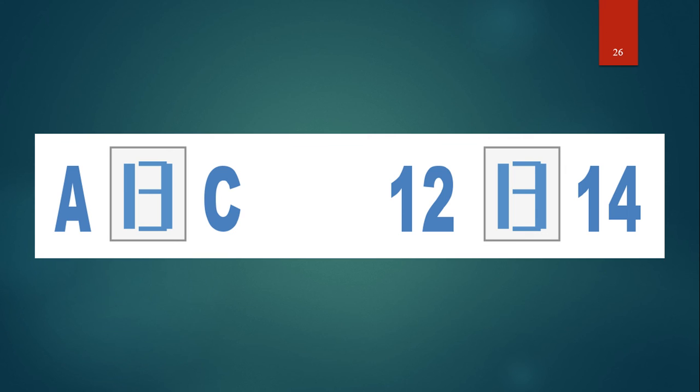But now, if you flash that image very briefly, and it's in the middle of the letter A and the letter C, most of the time they will say it looks like the letter B. And if you flash that same image, but this time it's flanked by the number 12 and the number 14, they will more often than not say that that's the number 13.